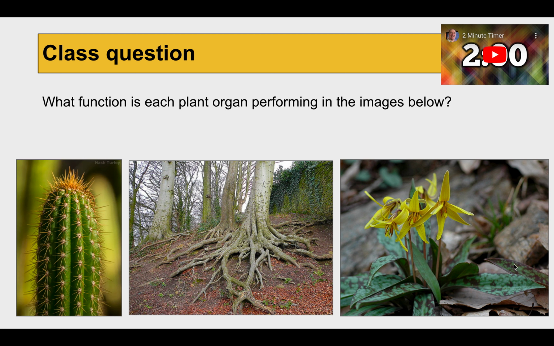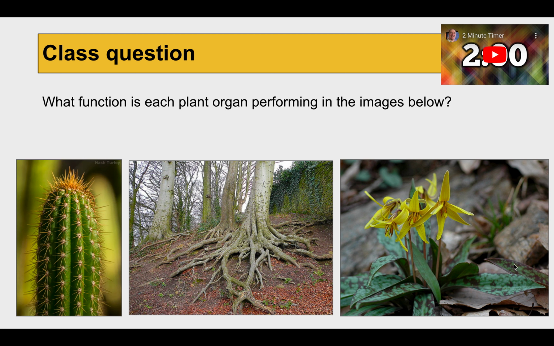Yeah, it's the stem. And what is the stem doing in this case? Yeah. In this case, we're looking at the stem, right? The stem, as a great indicator, is green, meaning typically we could assume it's photosynthesizing.